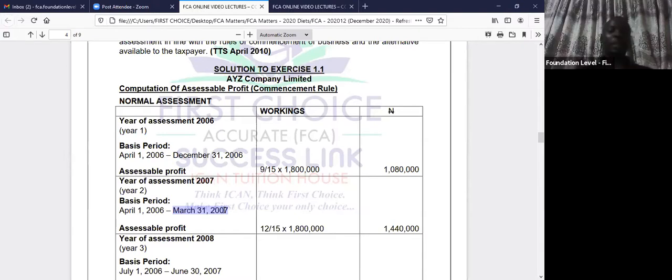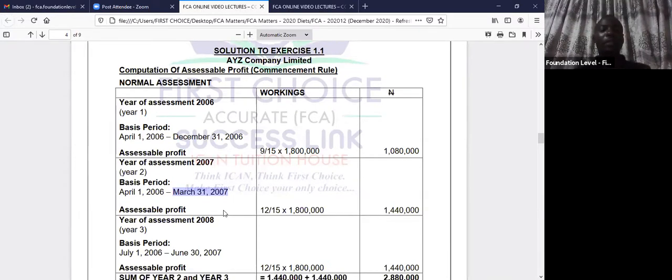Okay? Now, the third year, what is relevant is the date they are making up their account, 30th June. It is the third year that you start doing what they call preceding year. Notice here that in this second year, 2007, you cannot say it's preceding, neither can you say it is pure actual.